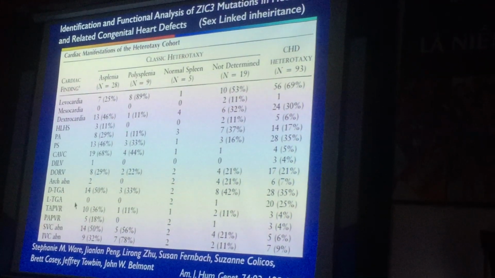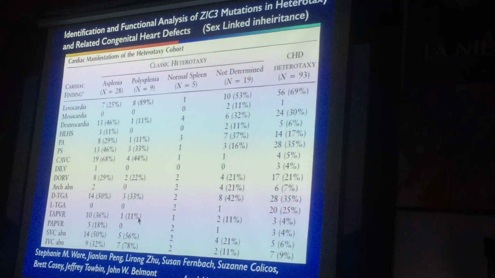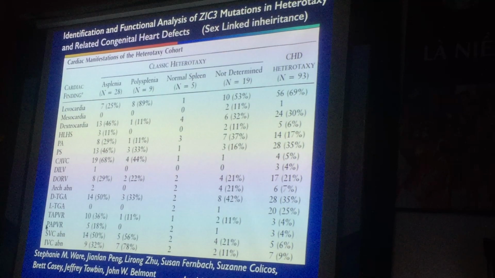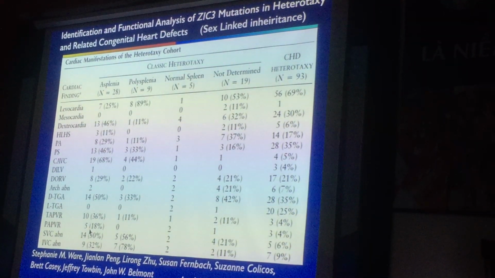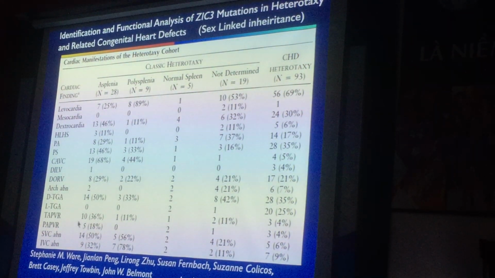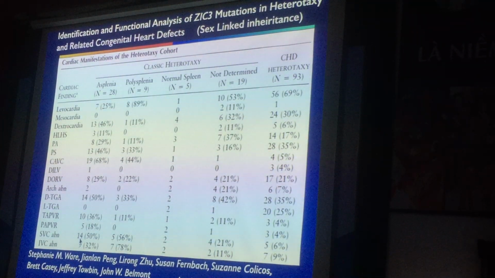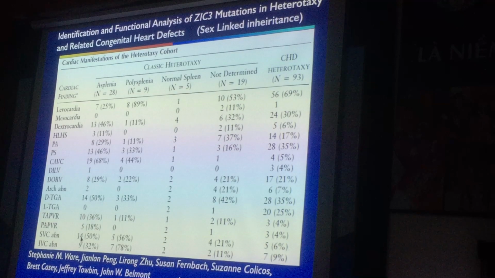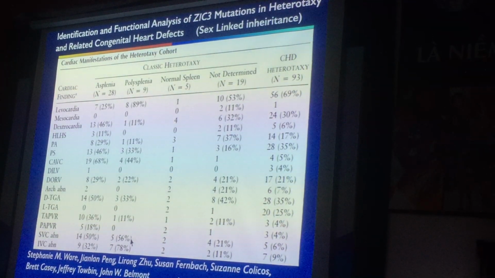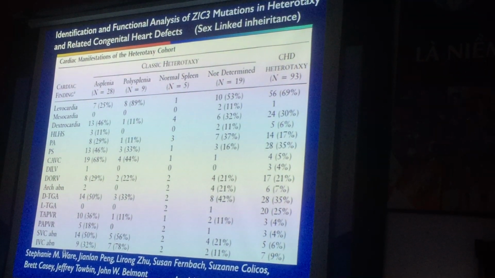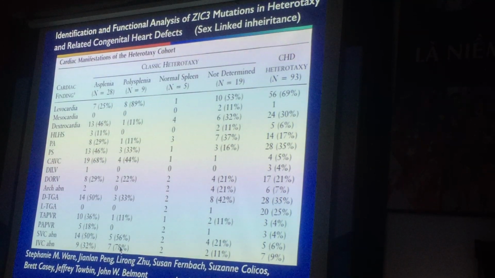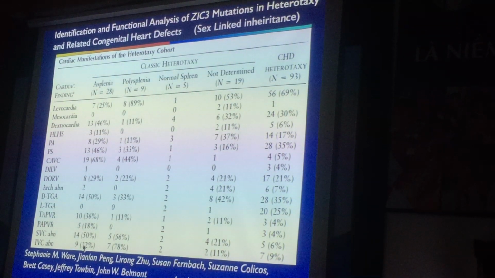Total anomalous pulmonary venous return, a third, only 1 or 11% of those. Partial anomalous pulmonary venous return, I'm surprised that it's got these numbers, but that's the point about this. Superior vena cava abnormalities in 50%, more common here. IVC abnormalities, including interruption, 78% as opposed to 32%.